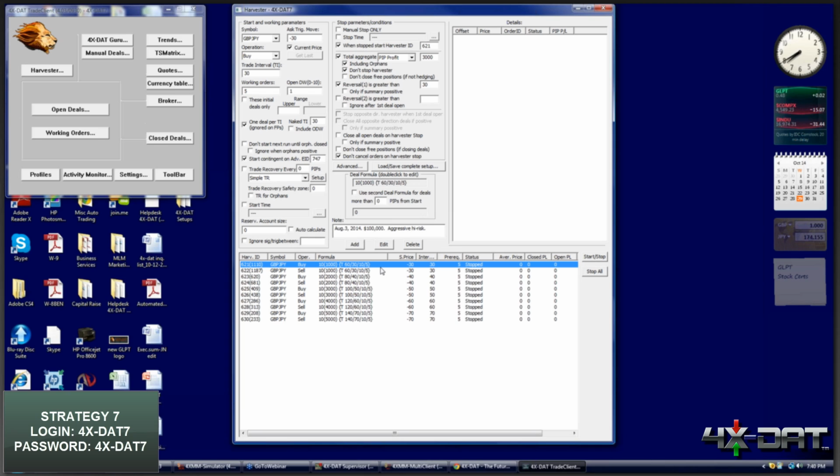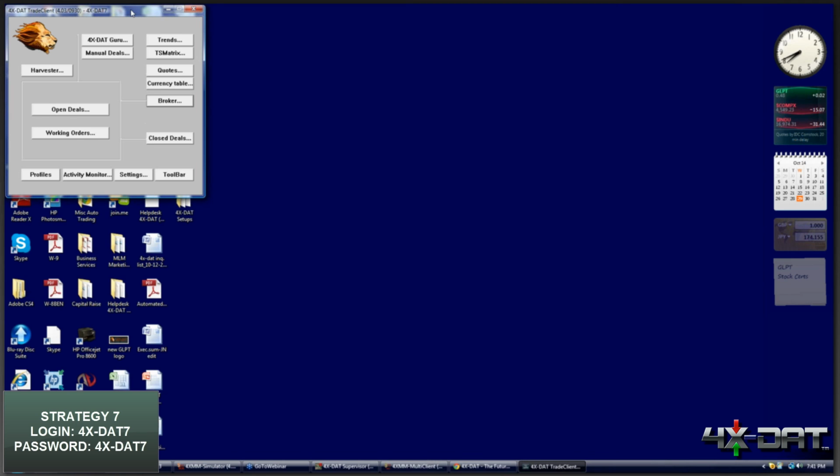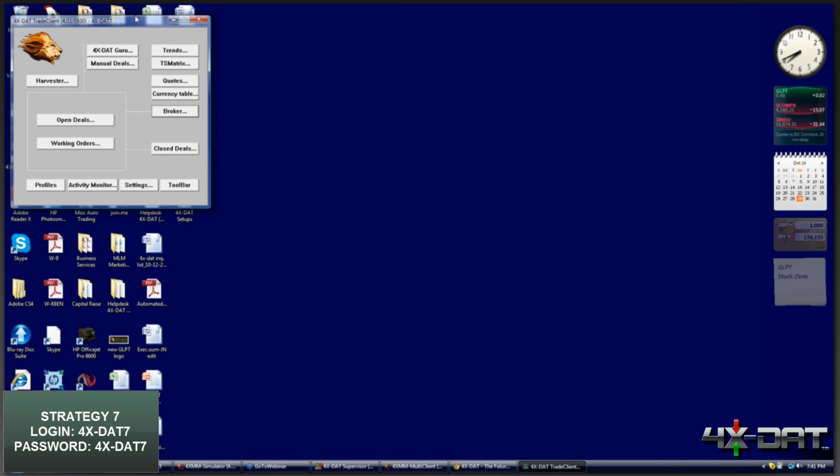It is better to have a trending strategy with trade recovery than a non-trending strategy trying to scalp the market, because sooner or later the market will run away from you, and that's not a good thing without some type of a recovery. So let's just move on to the next one. Not recommended. Stay away from it.